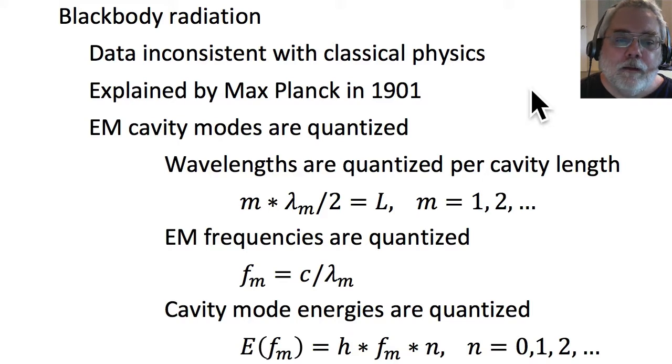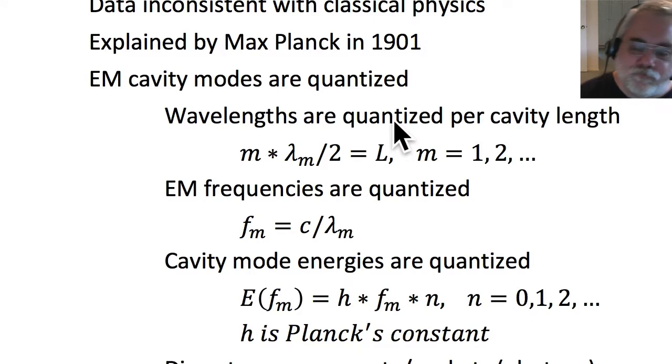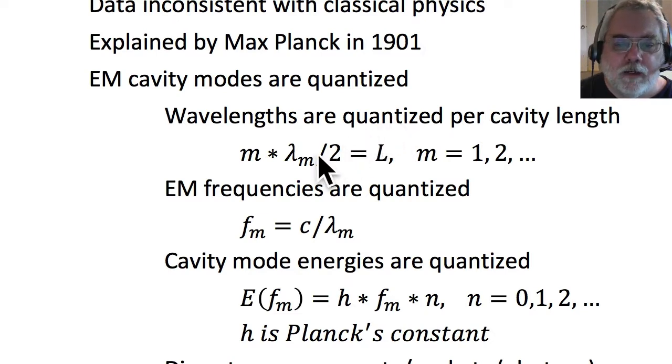So Planck explained that electromagnetic radiation cavity modes are quantized. The wavelengths are quantized. The cavity has a length, and you can only have waves where an integral number of half wavelengths equals the length of the cavity.